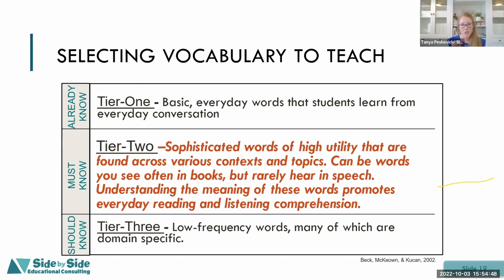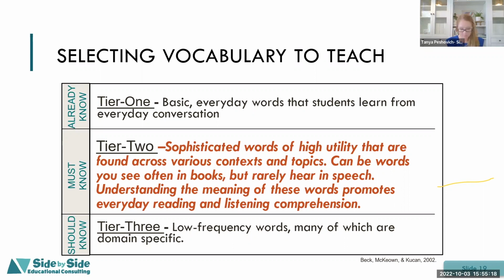And when I say the term word families, I'm talking specifically about, if I were to take the word nation, right? Nation would be a tier 2 word because it also has national and international and multinational. There's a family of words that are connected because they have that base nation.